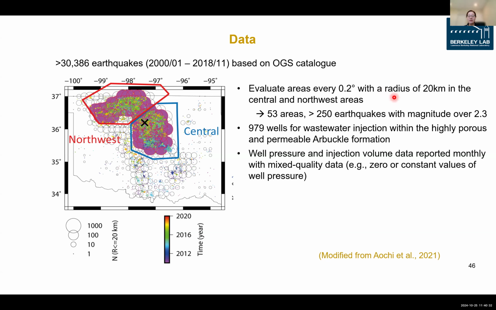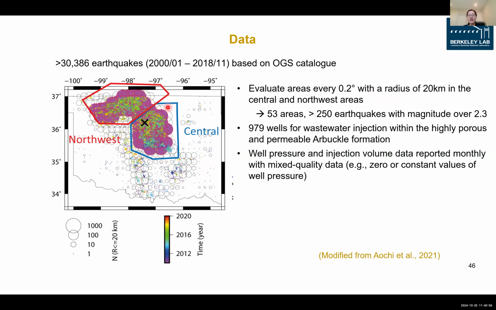So we used basically areas of every 0.2 degree in the central and northwest area, with 53 areas and over 250 earthquakes with magnitude over 2.3. In this entire basin, there are 979 wells for wastewater injection into this highly porous, permeable Arbuckle formation.